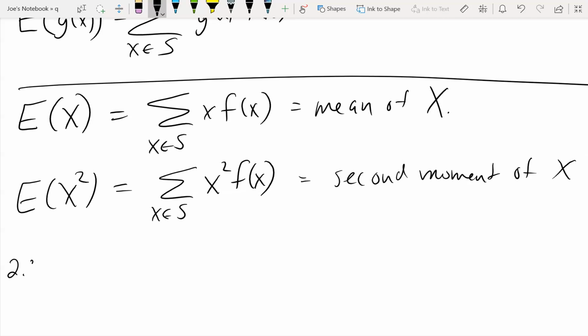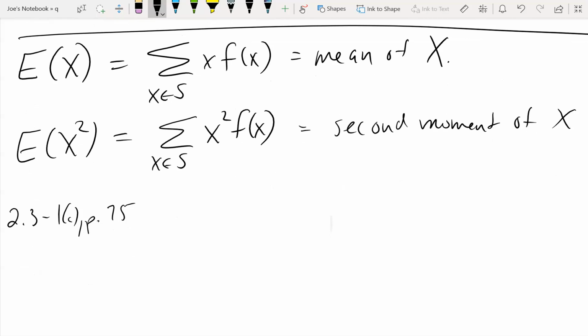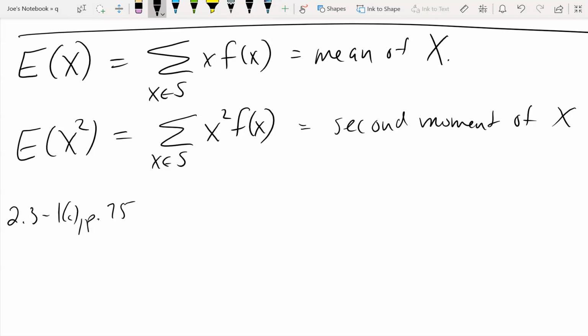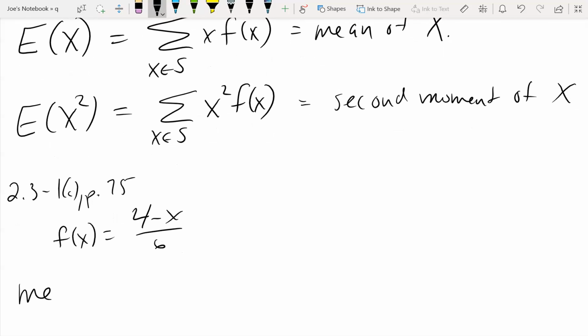Let's look at 2.3-1. This is on page 75, and I want to do part C. It asks for the mean and the variance. I haven't talked about variance yet; I'll do that on Wednesday. But we have f of x is equal to 4 minus x over 6. We want the mean of this distribution.